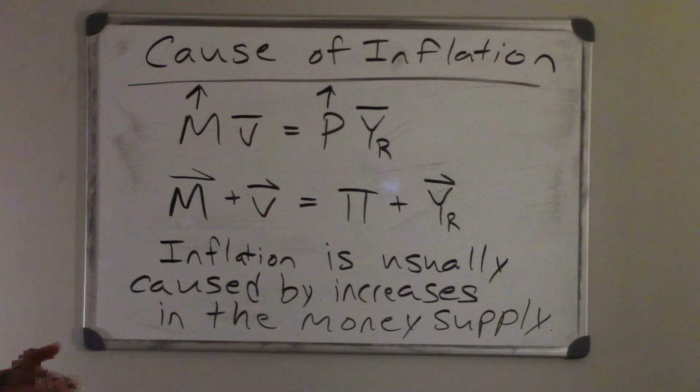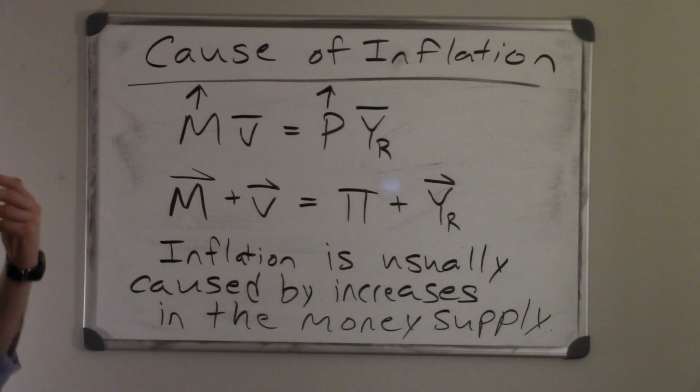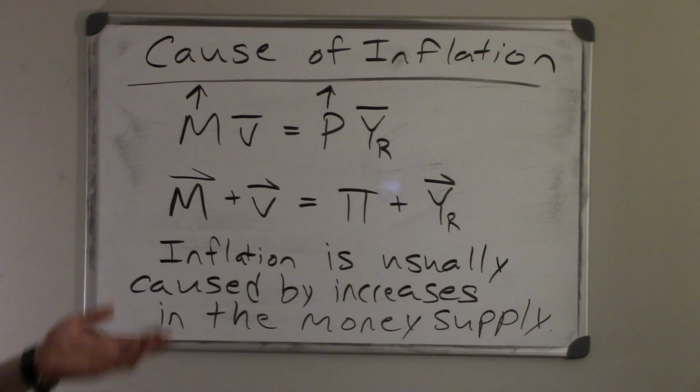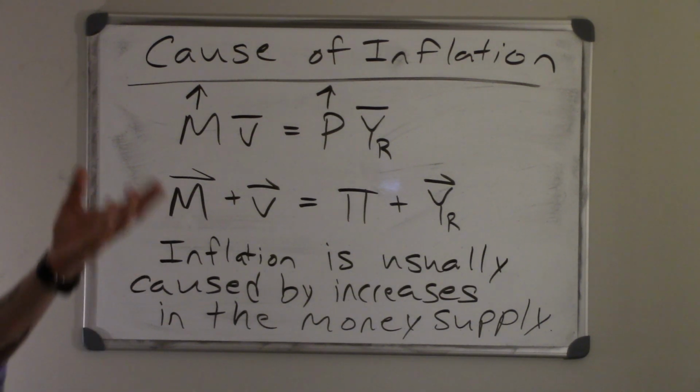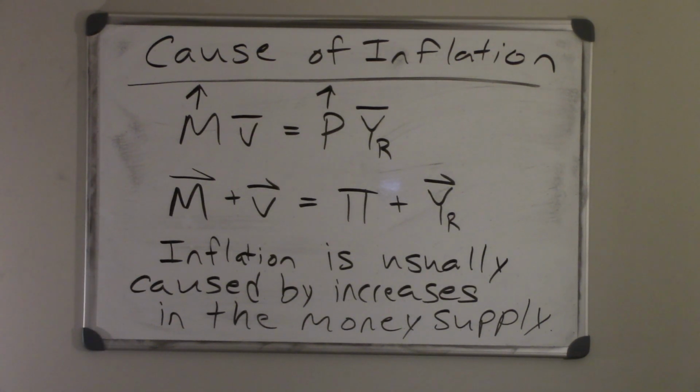So when you increase the amount of money out in the world, there's more money but relatively the same amount of goods. So the money becomes worth less relative to the goods. And so you have to spend more money to get the same good, at least nominally.